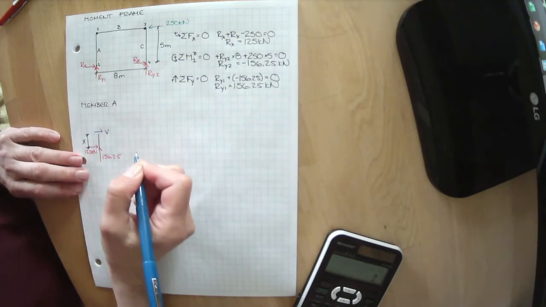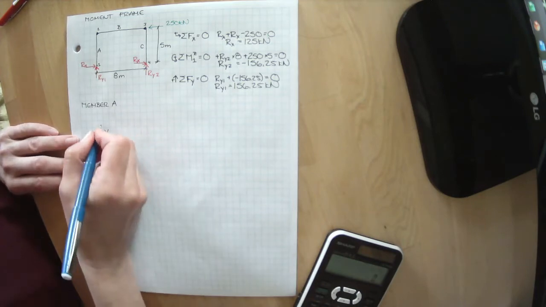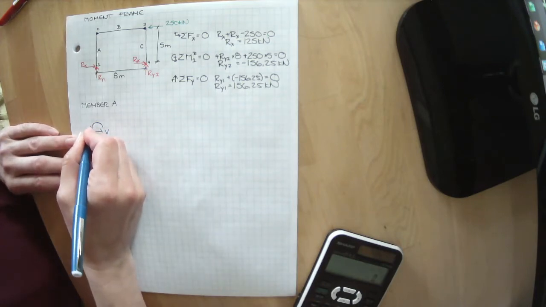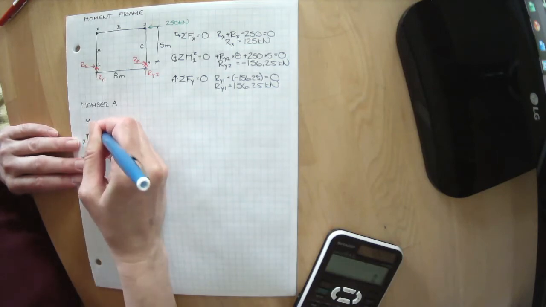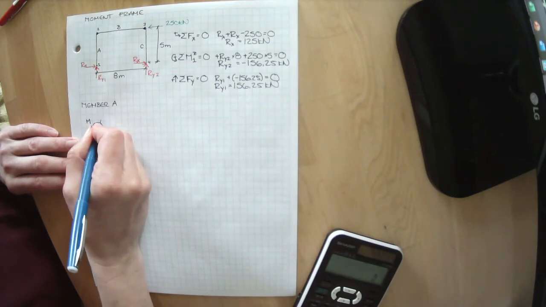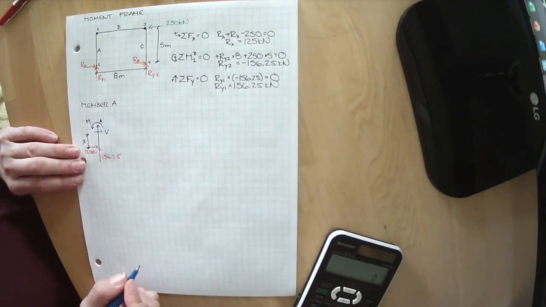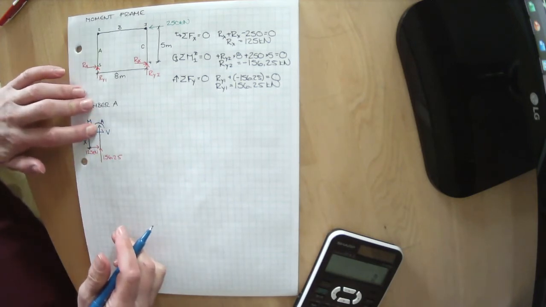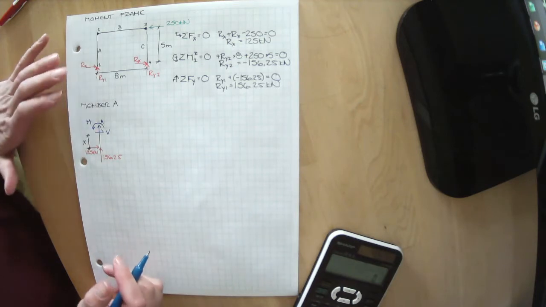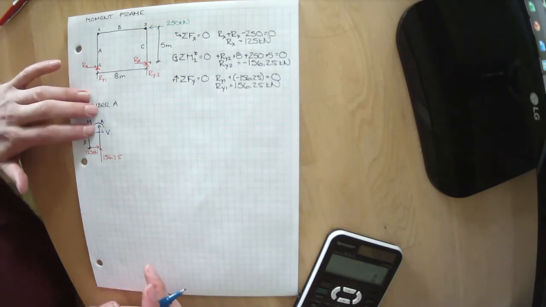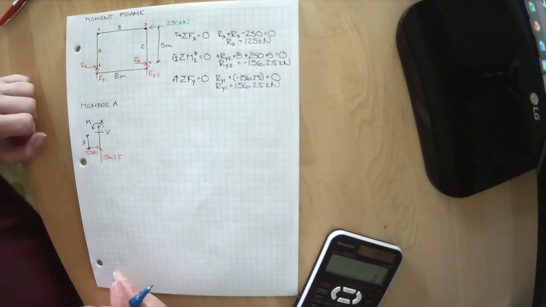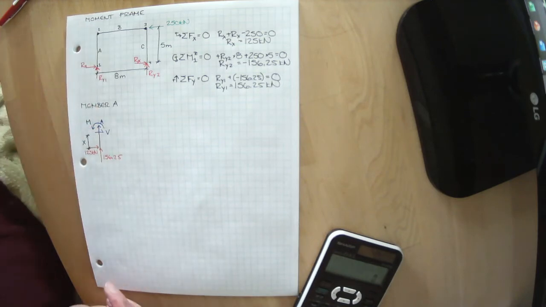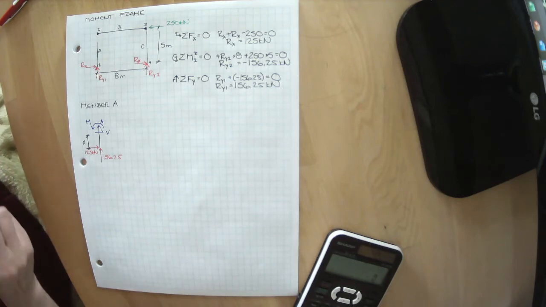It's probably an internal shear force, an internal moment, and an internal axial load that we're going to call A as a placeholder because it's member A. I've drawn it in tension. I don't know if it's in tension or not, but I always draw my members in tension until I know what the force is. That way, if I get a negative number, I'll know that it was in compression.